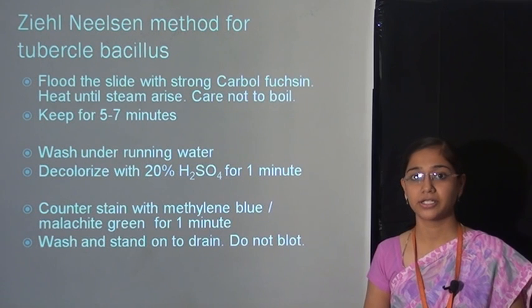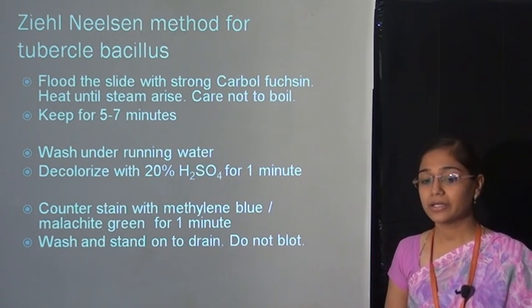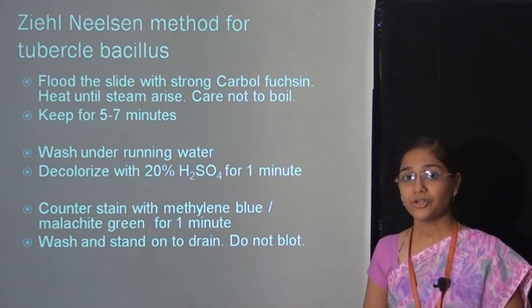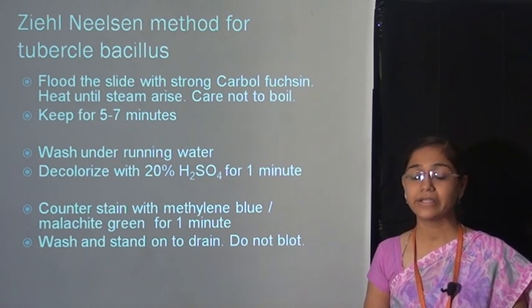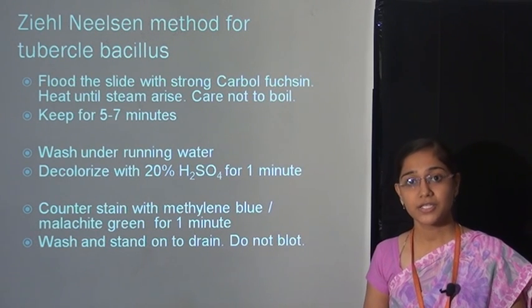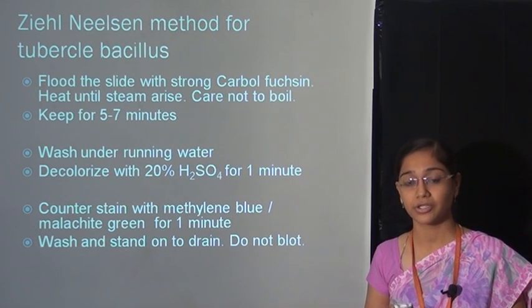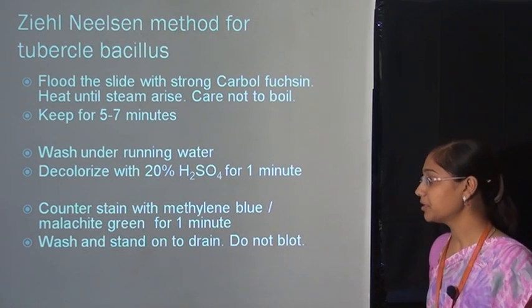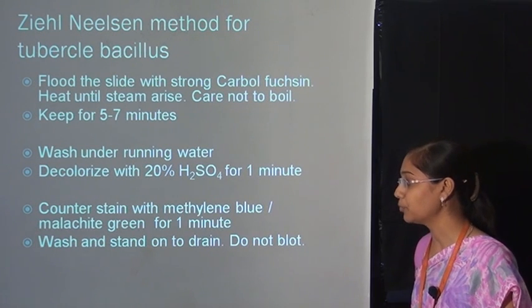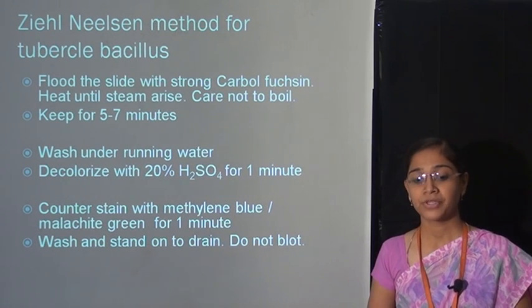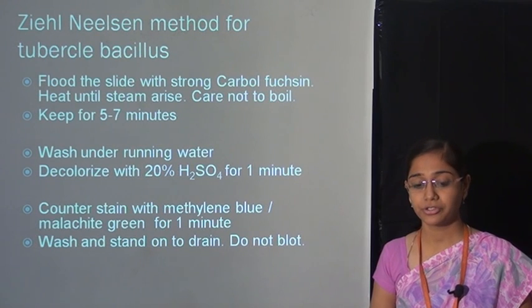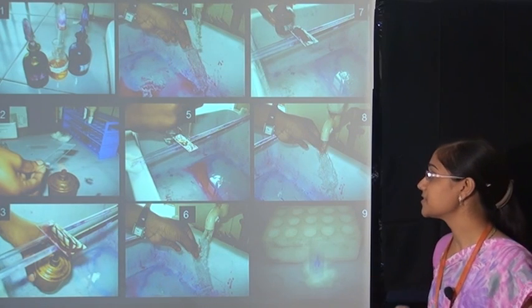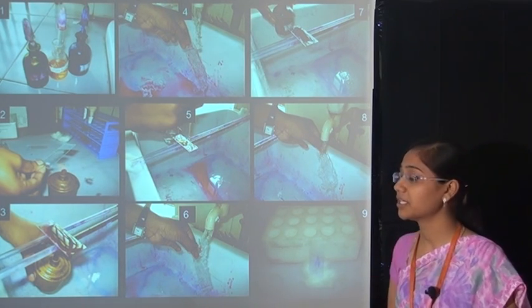Wash the slide under running tap water and decolorize with 20% H2SO4 for 1 minute. We are using acid for the decolorization process, and acid-fast bacteria resist decolorization with acid. For the counterstain we can use methylene blue or malachite green for 1 minute. Wash the slide under the tap water and do not blow dry. These are the steps of acid-fast staining.